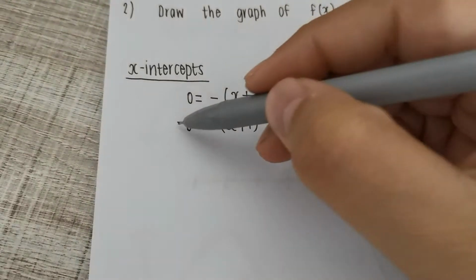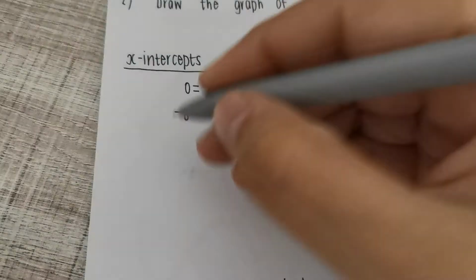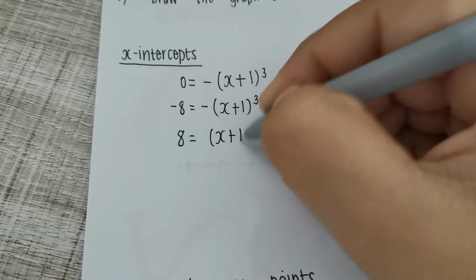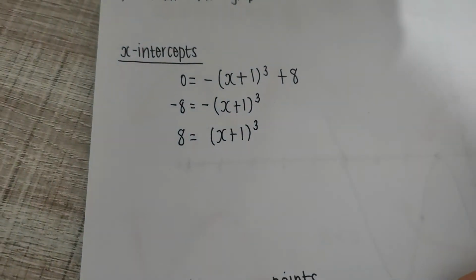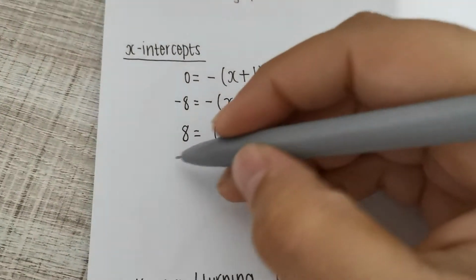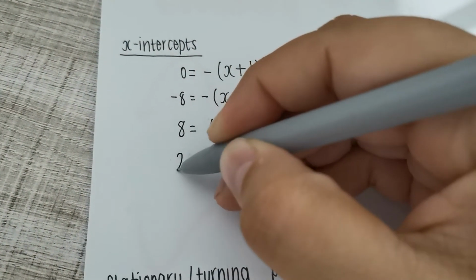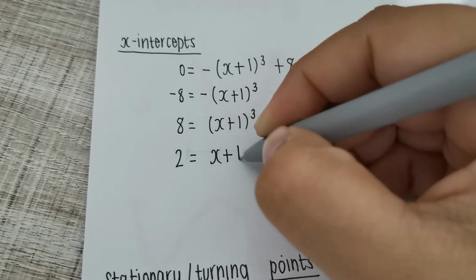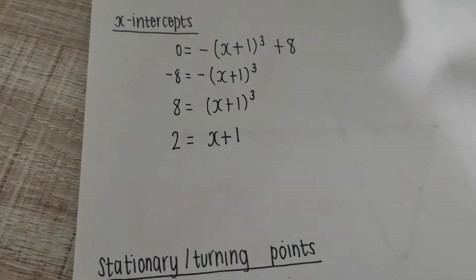Dividing both sides by the negative to get rid of it over there. Okay, and I'm going to cube root this. So that means I'm going to get... that's what I'm doing over there.